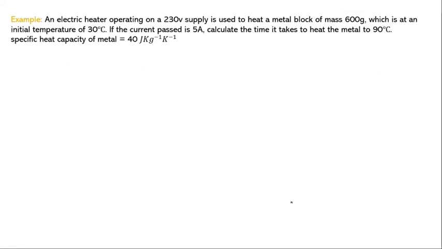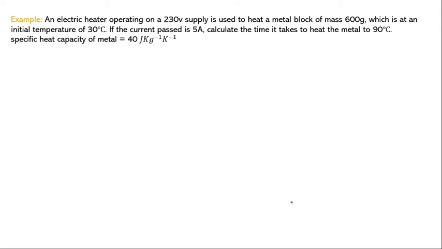Alright, let's have a look at one final example. So we have an electric heater operating at a 230 volt supply, used to heat a metal ball of mass 600 grams, which is at an initial temperature of 30 degrees Celsius.